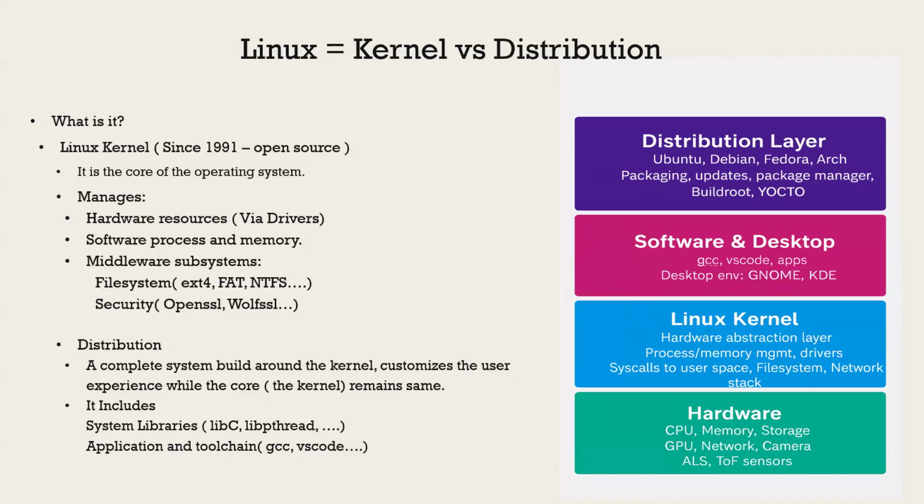I'll give an example. There is a company named Pure Li-Fi. They developed a new technology called Li-Fi, which is basically an alternative to Wi-Fi. The Linux kernel used to support Wi-Fi because Wi-Fi is an old technology.